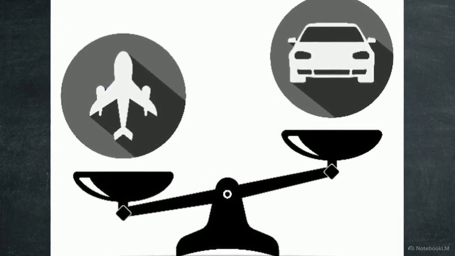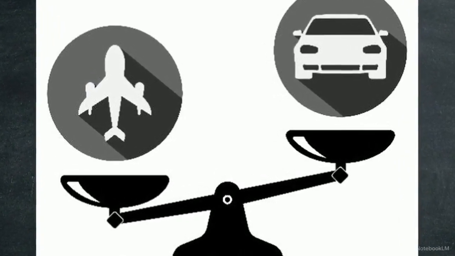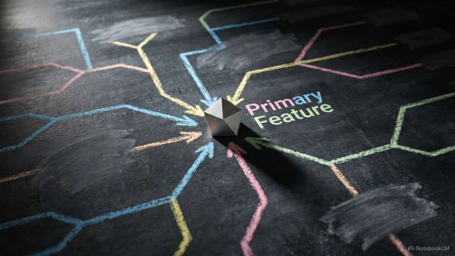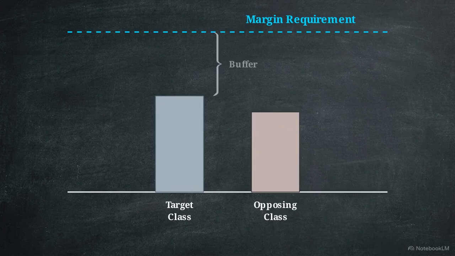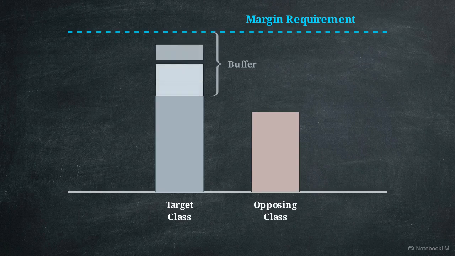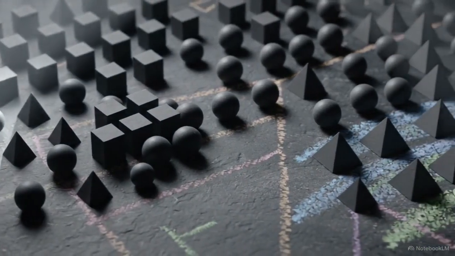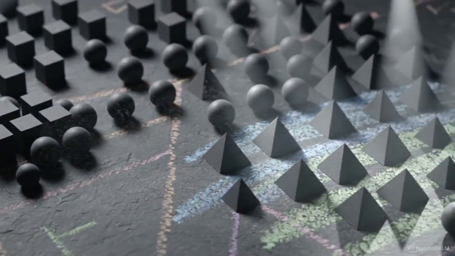Each independent rule evaluates the data and casts a mathematical vote for a specific classification. The heaviest side wins. To keep all the rules from just voting on the exact same obvious features, the system uses a vote margin. This forces the machine to seek out a specific buffer of extra votes, effectively pushing redundant rules to go find entirely different complementary patterns in the data to secure the victory.